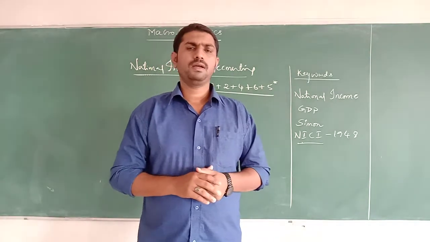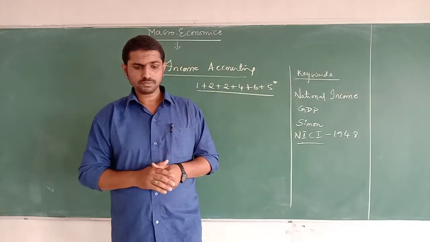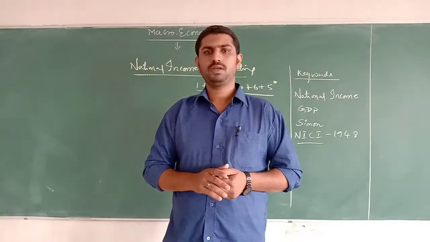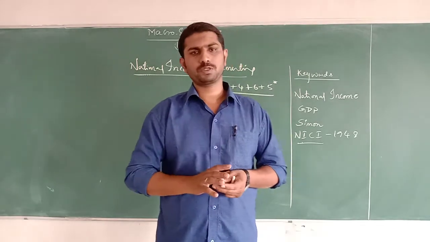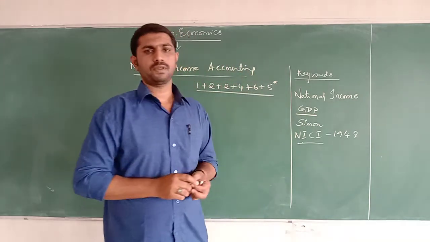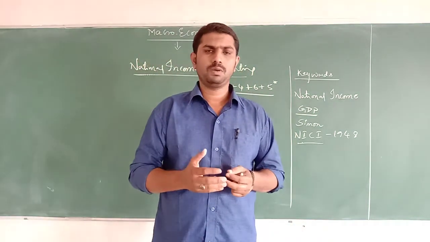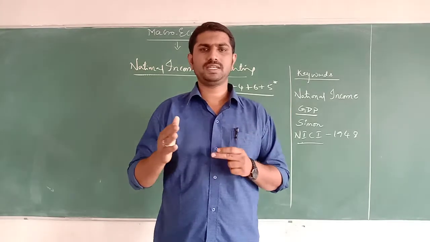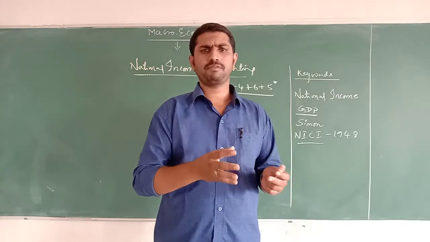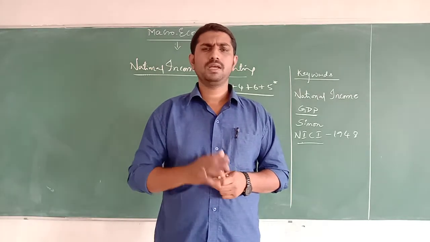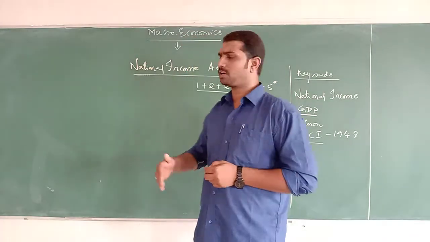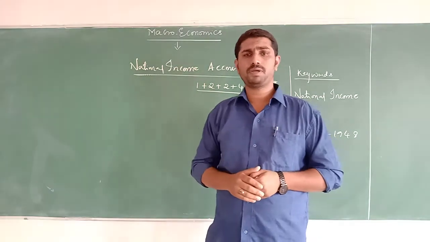Now coming to the meaning and definition of this chapter. Before leading to the concept called national income accounting, you need to understand some of the keywords of today's discussion. That is GDP, the acronym of which expands as Gross Domestic Product. In simple terms, it is the capacity of the country in connection with the monetary value of final goods and services. Why has it been placed under the macroeconomic branch?